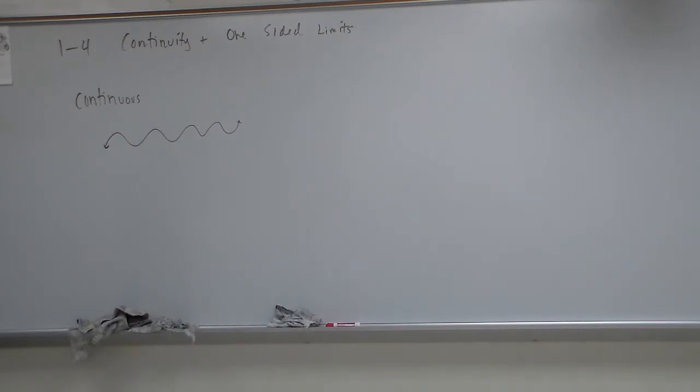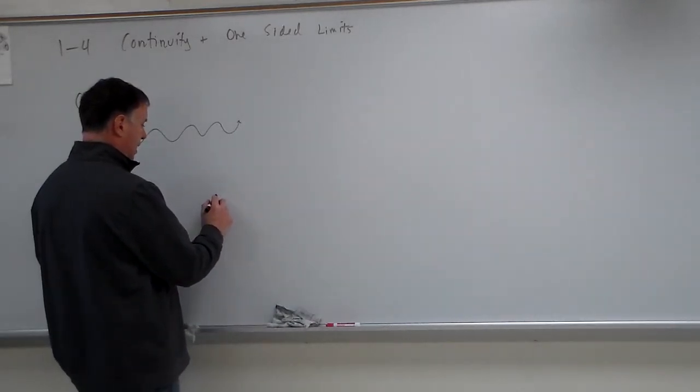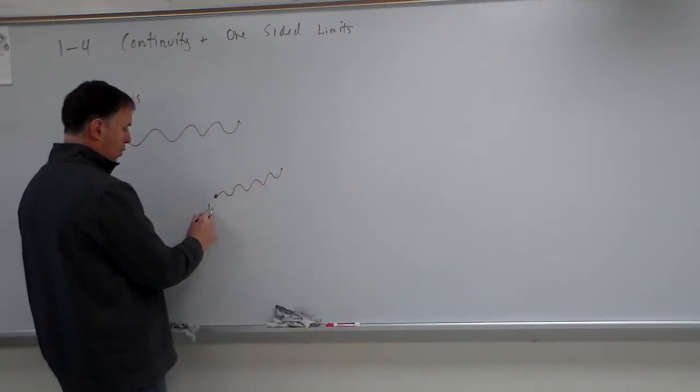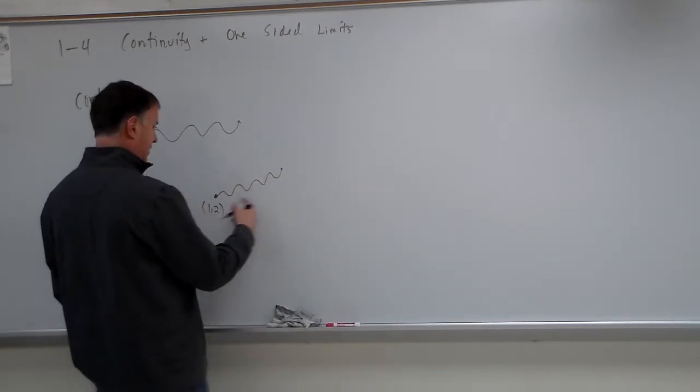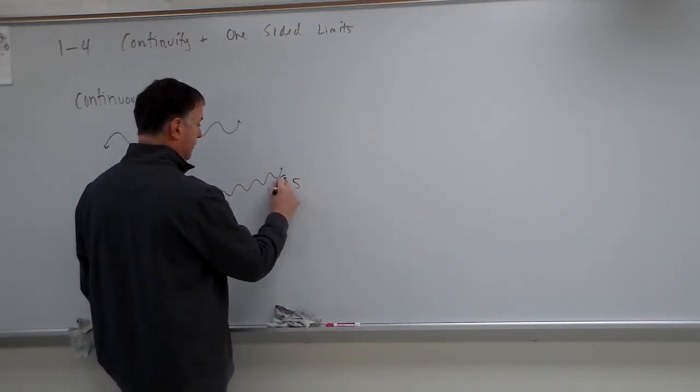And let's say I had something like this. Let's say I had this point here and it went to here. And this was (1, 2). And let's say that this one was, I don't know, (8, 5).